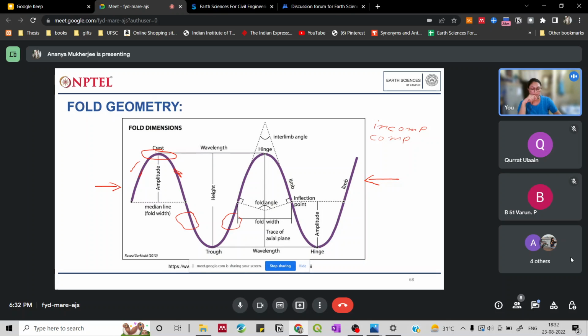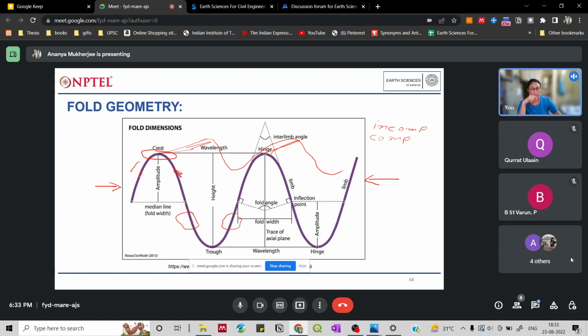And a hinge is actually the line. Suppose you have a longer bed, and this is how it's formed. So this linear line is a hinge, then over here this linear line is a hinge. And then as we know, from one crest to another crest you have the wavelength of the fold that has been formed.